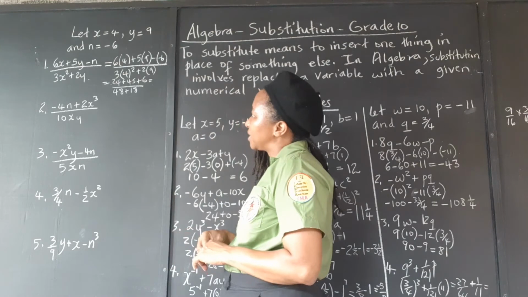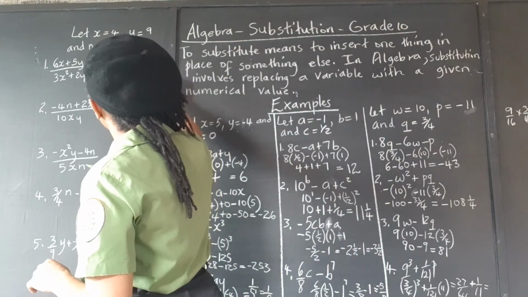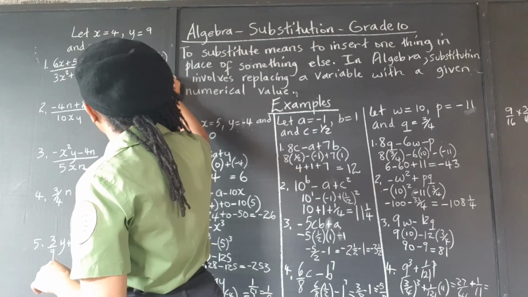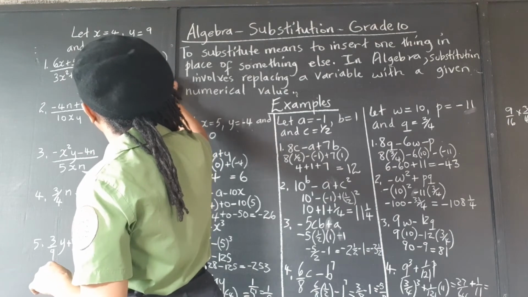So 24 plus 45, that's 69. Plus 6, so that's 75.